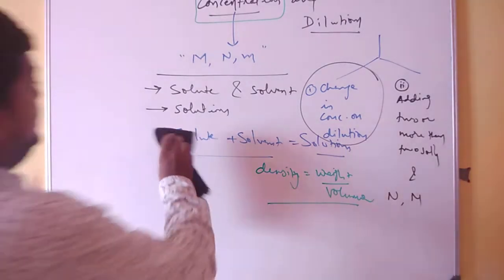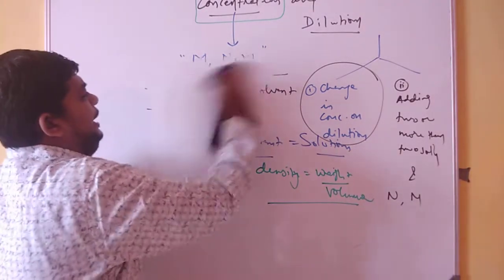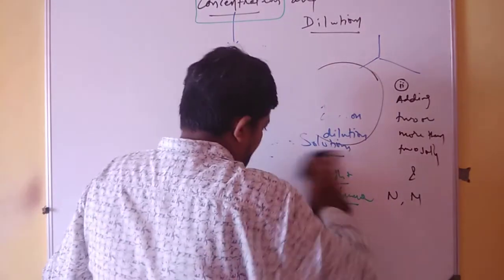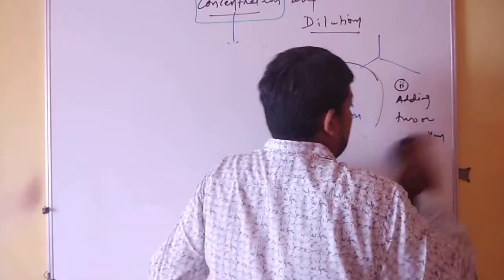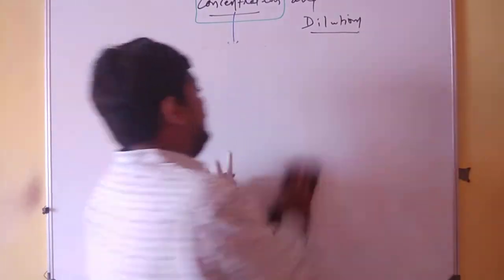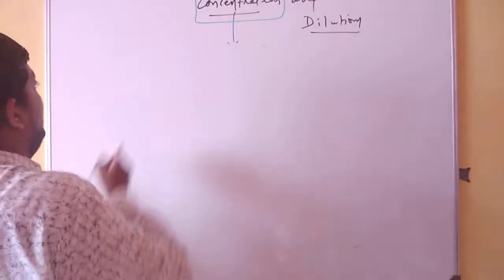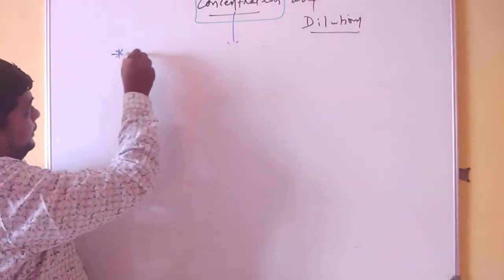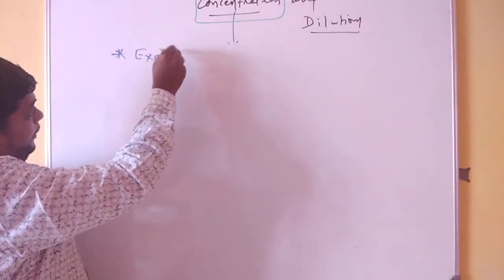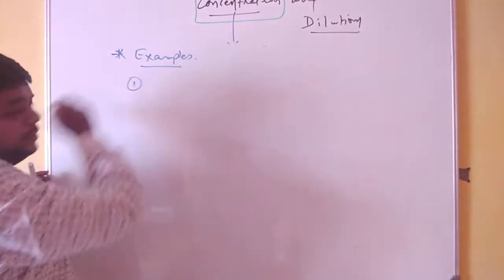I'll go about it in a very different way, starting with the discussion of a few numericals, that is a few examples, and I'll be moving ahead. Examples. First one.